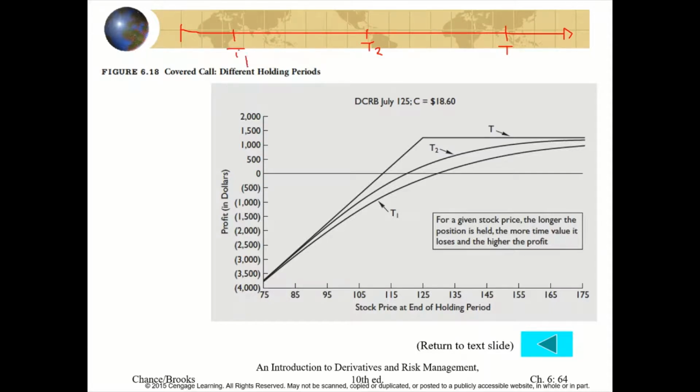So T1, T2, and T. And we know that T1 is smaller than T2, which is smaller than T. Now, why do we observe that at any level of the underlying stock price, the shorter holding period will always have the lowest profit?